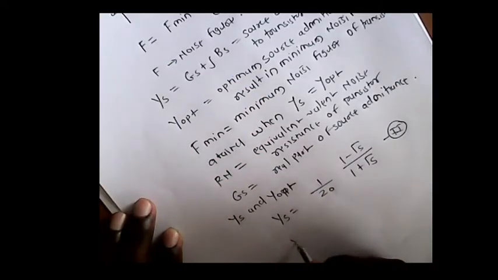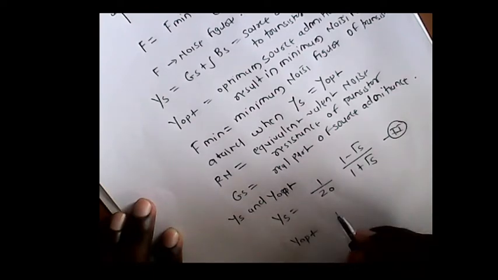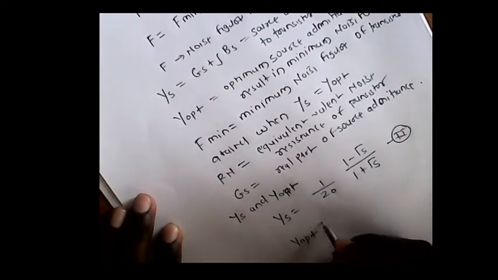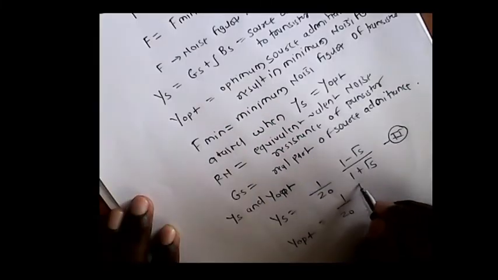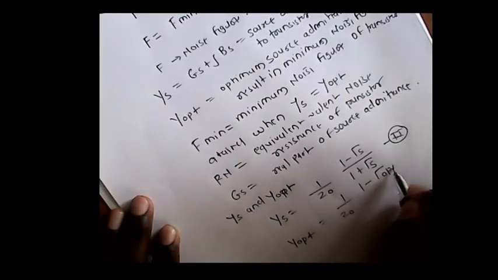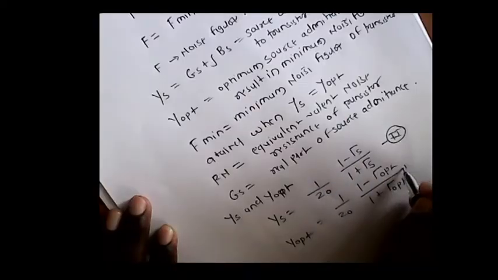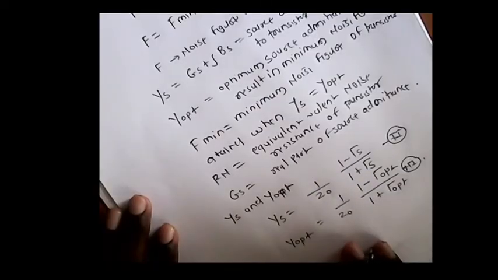Now we can write Y optimum is equal to 1 upon Z naught, the characteristic impedance, times 1 minus gamma optimum divided by 1 plus gamma optimum. This is the third equation to find Y optimum.